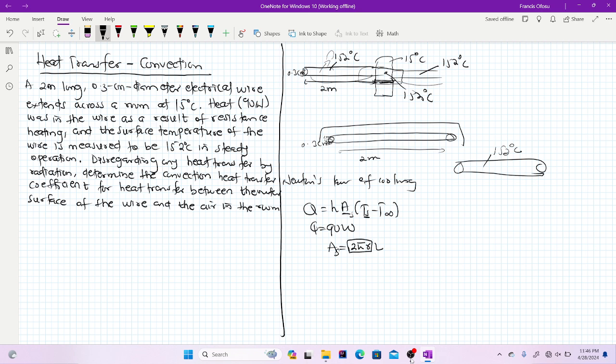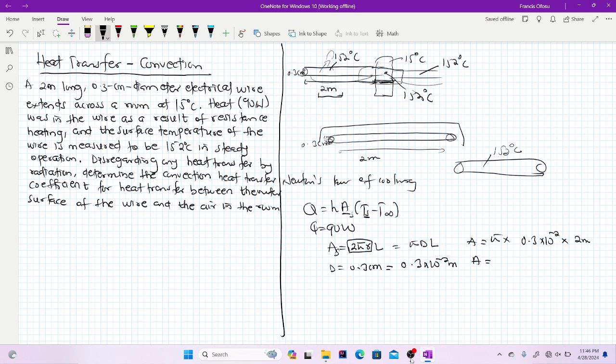Or you can say pi D L. We've been given a diameter of 0.3 centimeters, and because the length is in meters, let's convert centimeters into meters: 0.3 times 10 to the power negative 2 meters. So the area becomes pi times 0.3 times 10 to the power negative 2 times L, which is 2 meters.